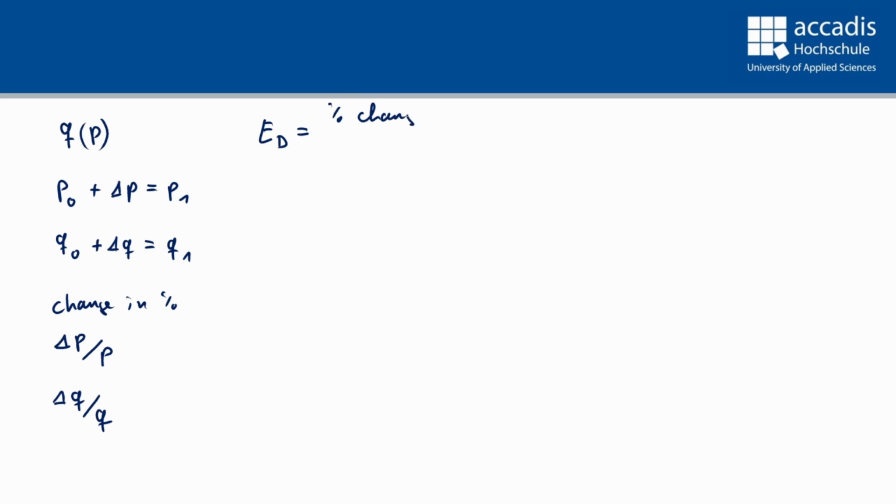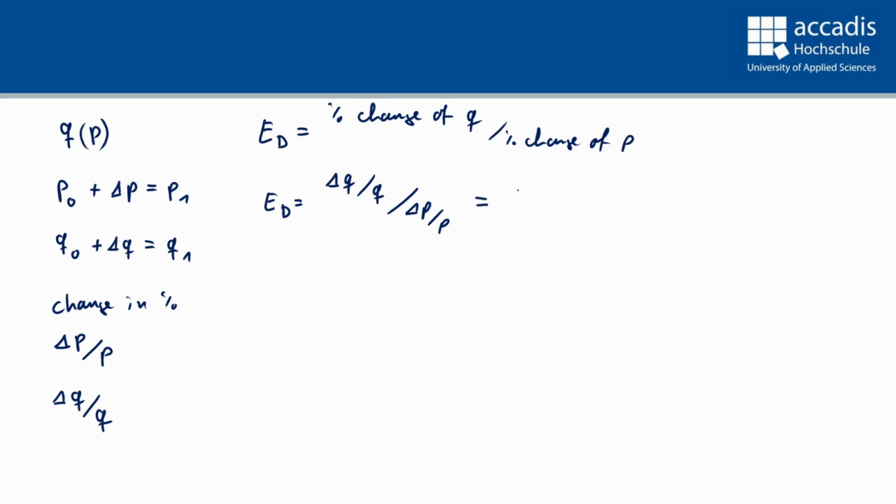So the percentage change of the quantity divided by the percentage change of the price will give us what we want. It will give us the percentage change of the quantity when the price is changing by 1%. So very easily we can just say, okay, we want delta Q over Q divided by delta P over P, and this is going to give us the elasticity of demand.